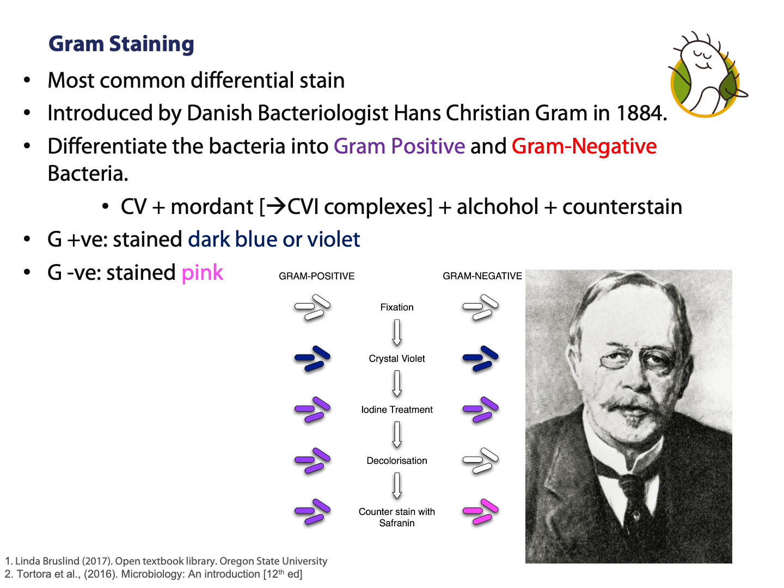Therefore, since the major component of gram-negative cell walls is lipid, when you add a decolorizer like alcohol or acetone, the CVI complex formed after the addition of crystal violet and the mordant will leach out of the cell, leaving the organism unstained.